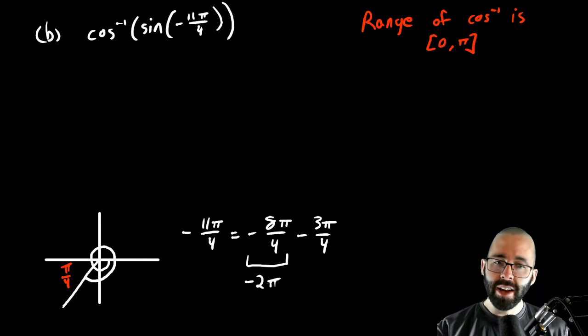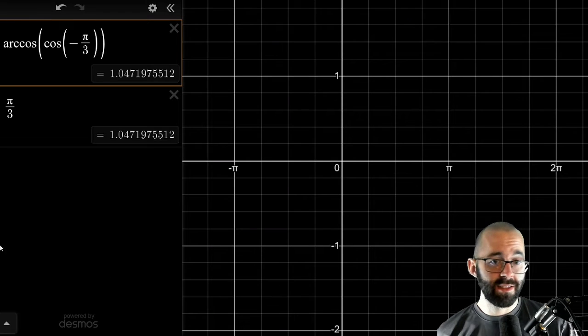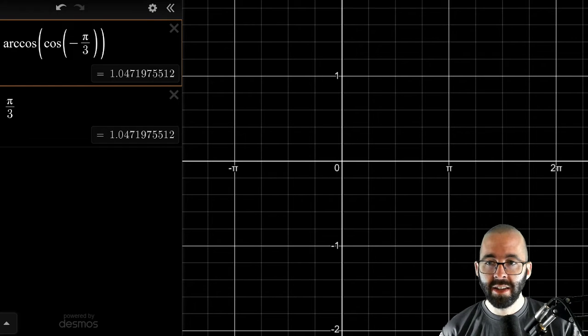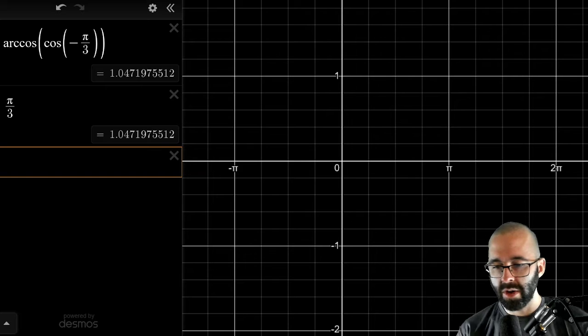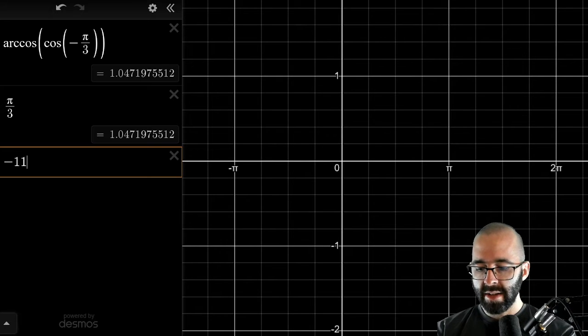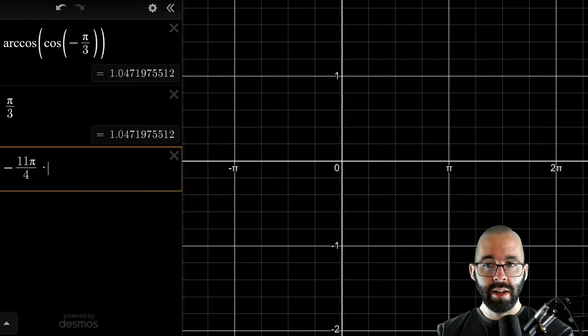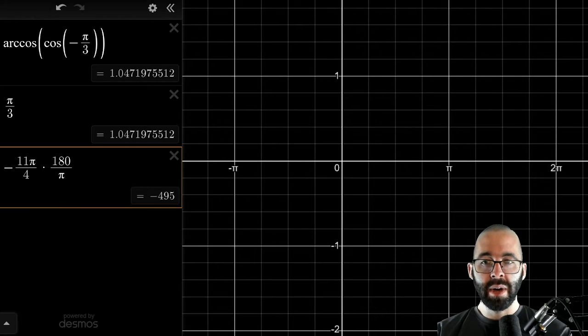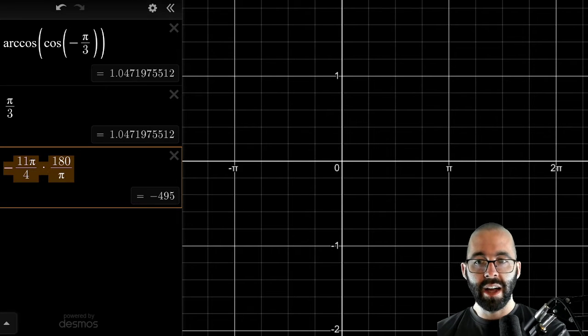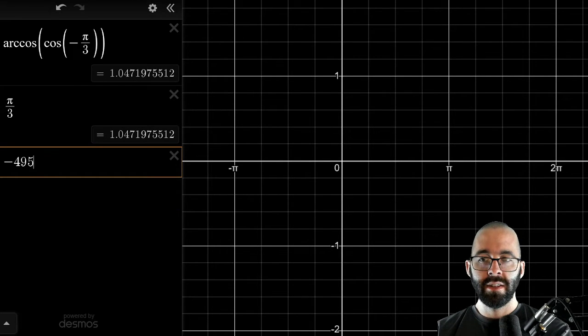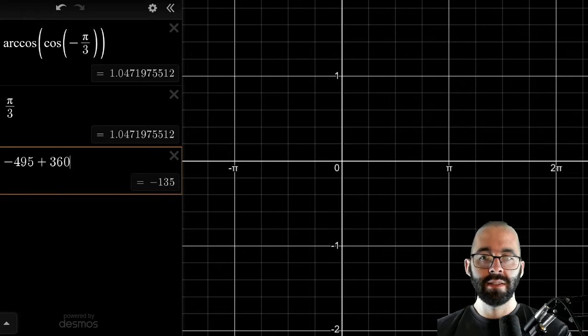And let's say, hypothetically, you were nervous about making a mistake. You could check your answer by going over here and saying, what's negative 11 pi over 4 in degrees? Multiply by 180, divide by pi. It's negative 495 degrees.